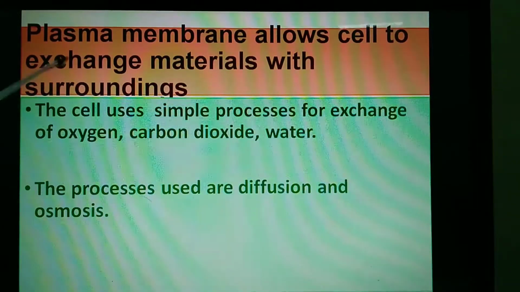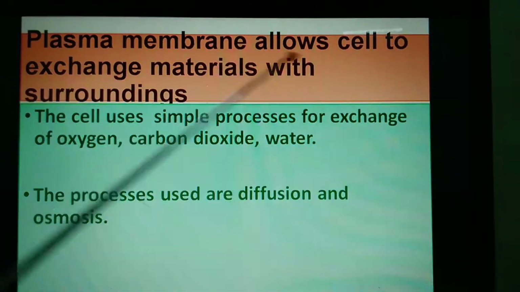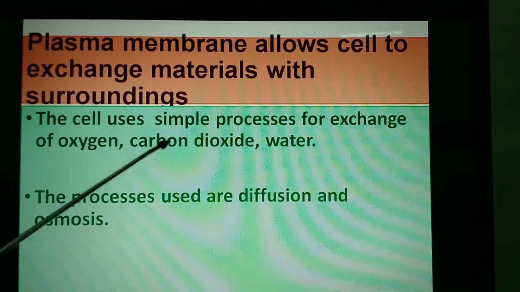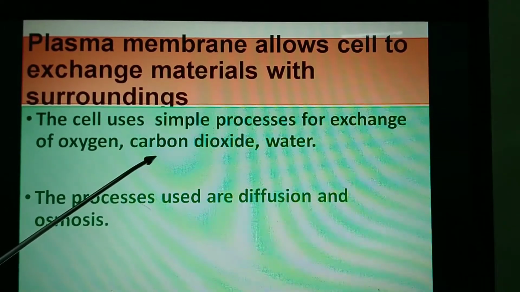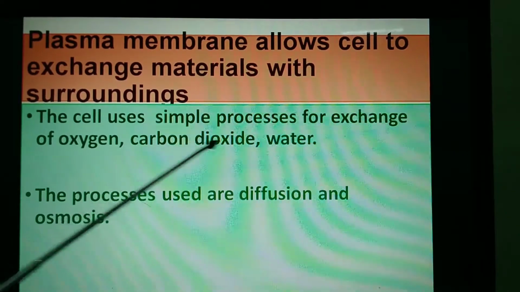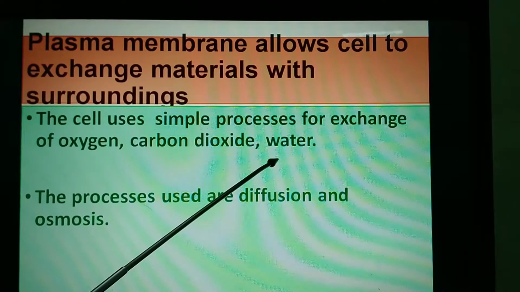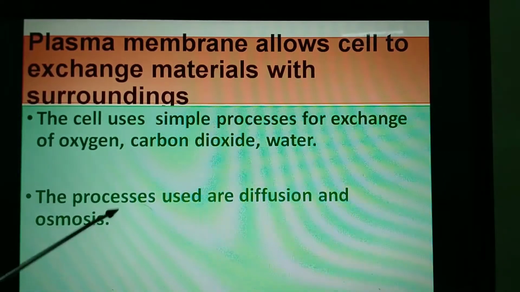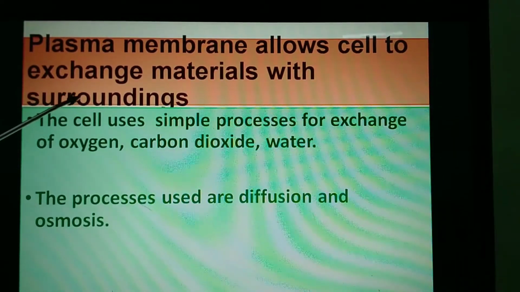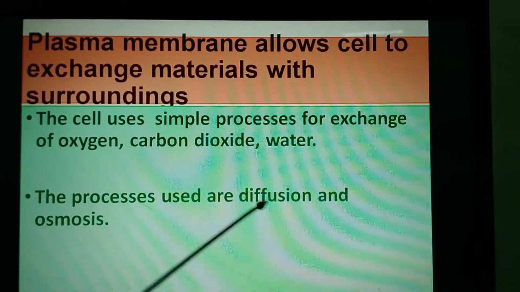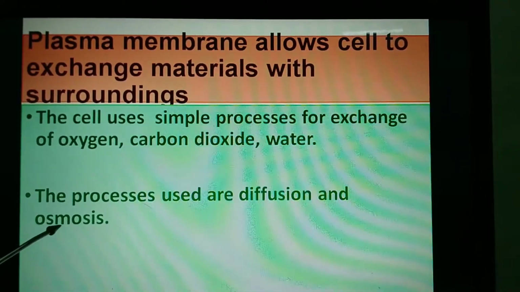As we have discussed, the plasma membrane allows the cell to exchange materials with the surroundings, like it allows the passage of gases. So depending on the exchange of gases and the solvent molecules, the plasma membrane exhibits two processes, that is diffusion as well as osmosis.